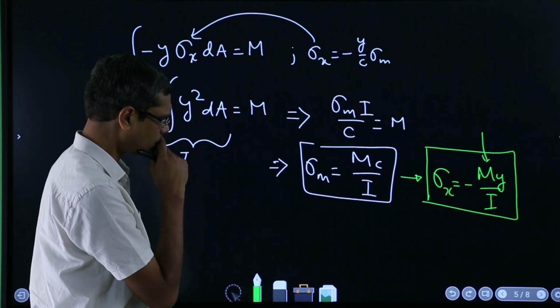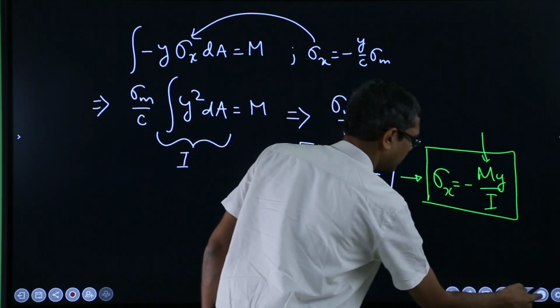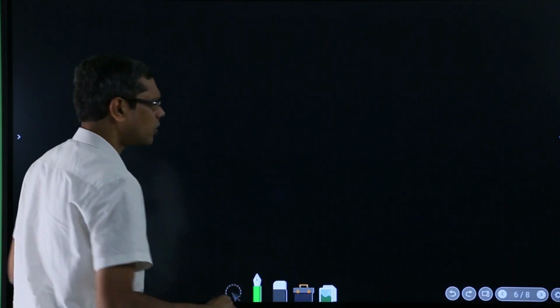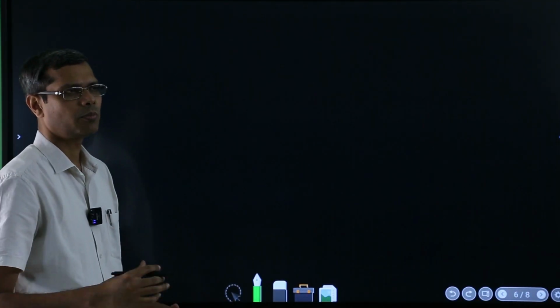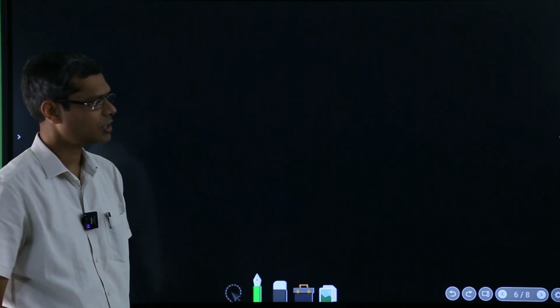And one important point you have to be very careful about is the comparison between the moment of inertia which you use in torsion and the moment of inertia that you use in bending.